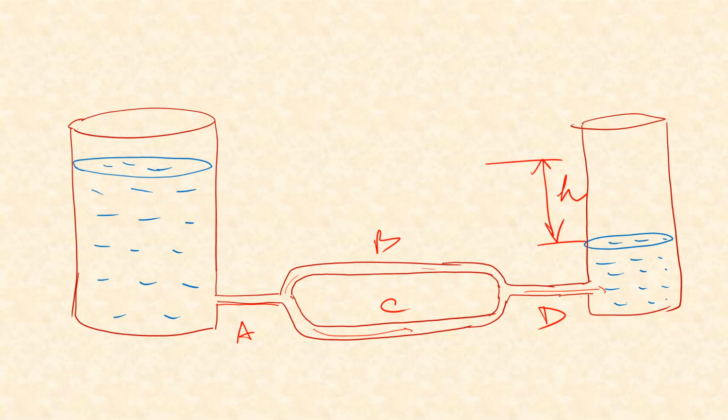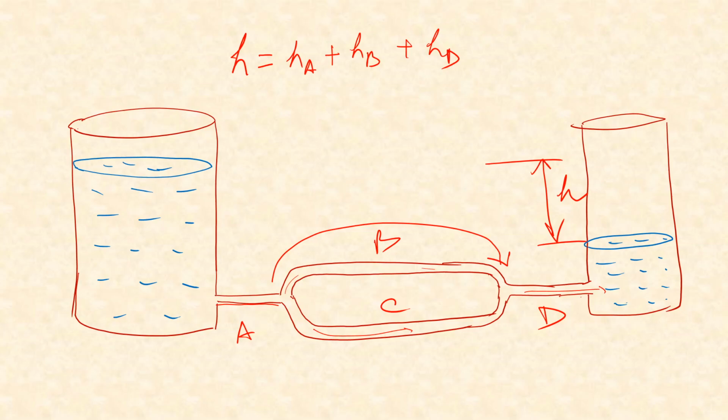Suppose this is H, so H will be equal to, let's ignore the minor losses because they will just clutter the whole space, so it will be HA plus HB, that means head loss across this pipe, plus HD.